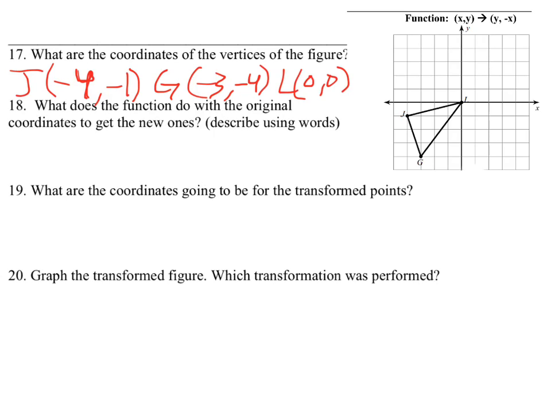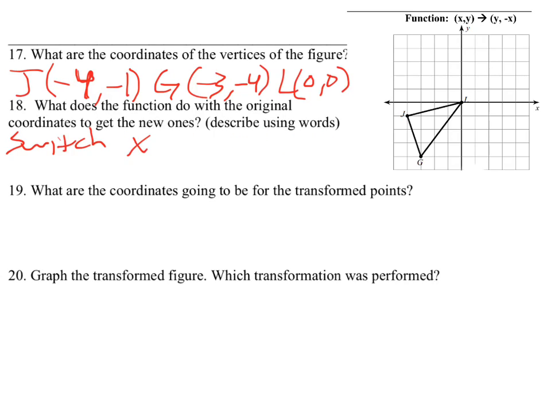This one, what's the function do? XY goes to Y, negative X. So that's the same thing as the last one, but we're not changing the value on the old Y or new X. We're changing the value on the old X or new Y. So let's write that down. So switch order and sign. Here, let's write this.